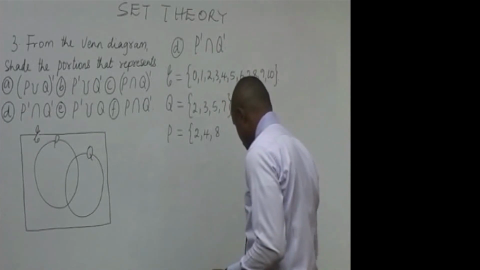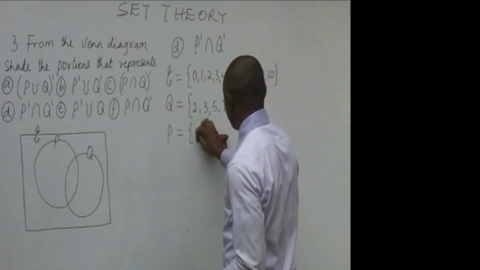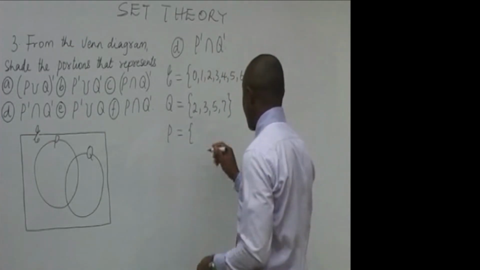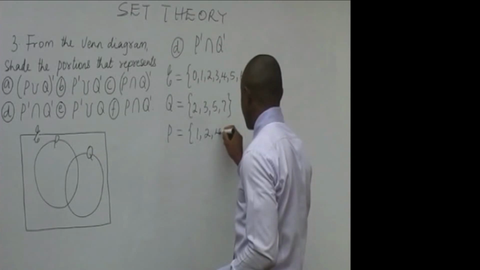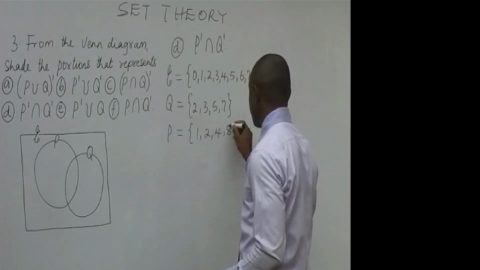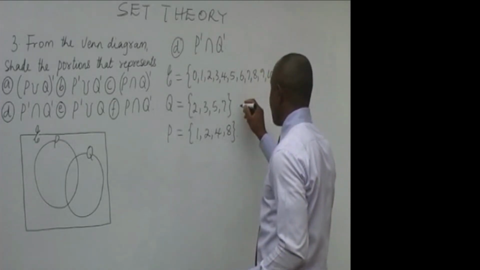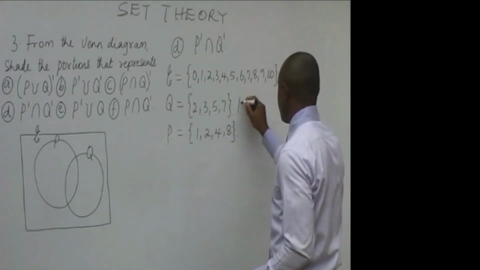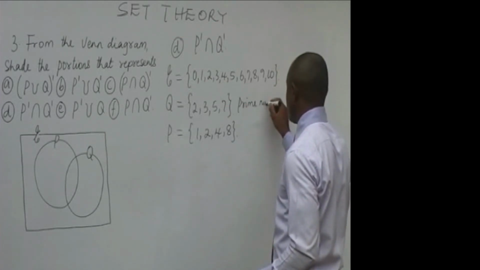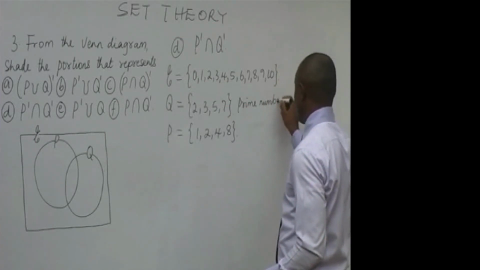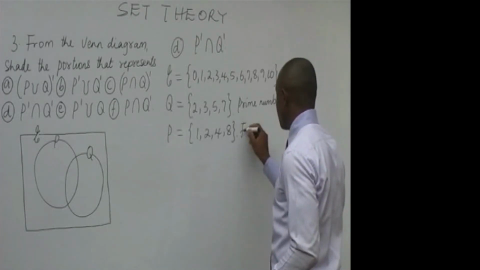Sorry, 1, 2, 4, and 8. 1 is also a factor of 8. 1 can divide 8 without a remainder. 1, 2, 4, and 8. So these are prime numbers. These are factors of 8.